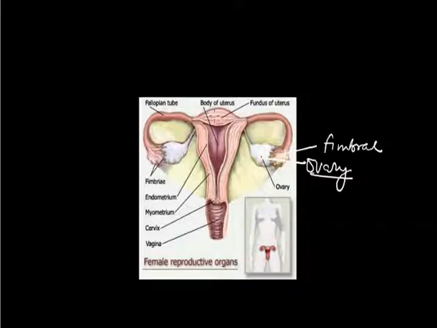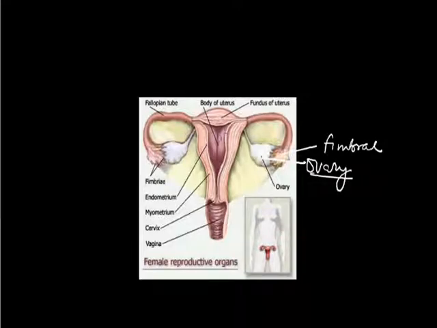The wall of the uterus, you can see, is highly vascular as well as muscular. This is the body of the uterus. The inner lining of the uterus is called endometrium, and the outer lining is muscular, known as myometrium.